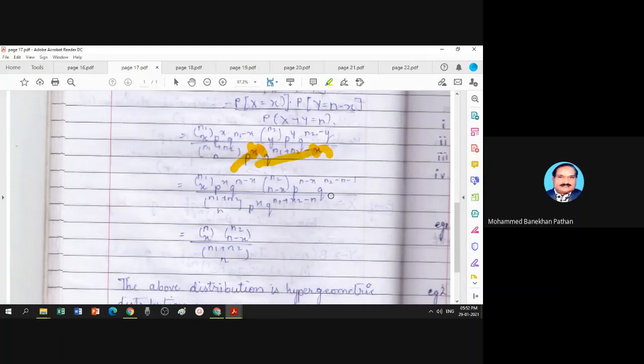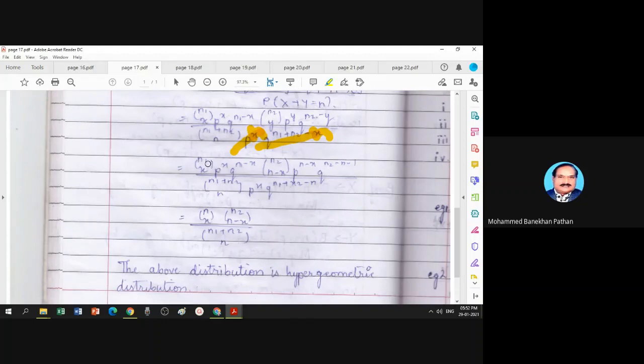So what remains in the next line? Only the combinations. n1 choose x, here should be n1, n2 choose n minus x, total divided by n1 plus n2 choose n. Make a correction here, it is n1. n1 choose x, multiplied by n2 choose n minus x, and the denominator is n1 plus n2 choose small n. The rest of the constants cancel each other on simplification.